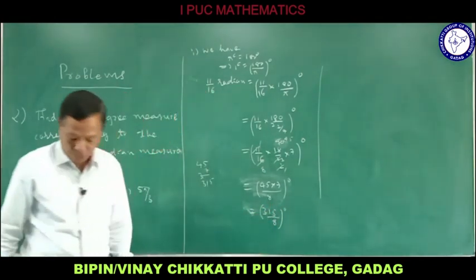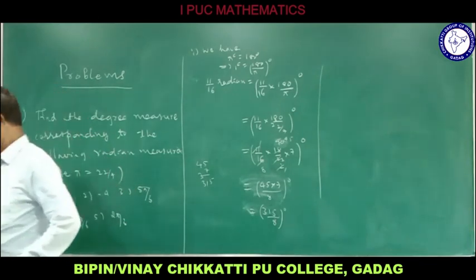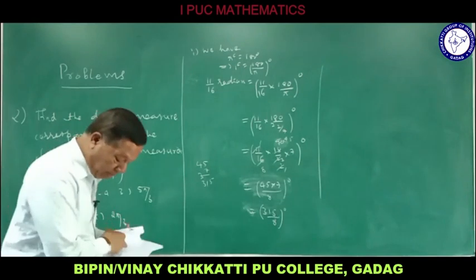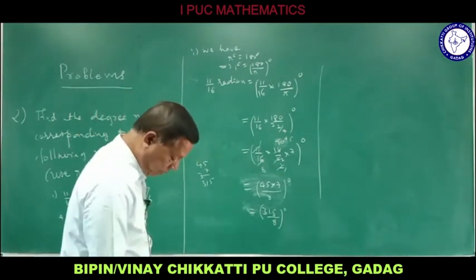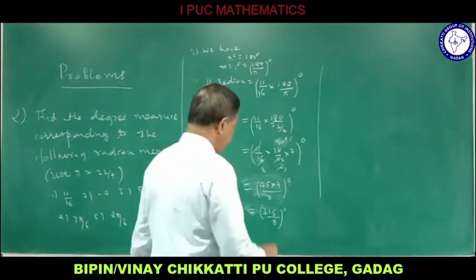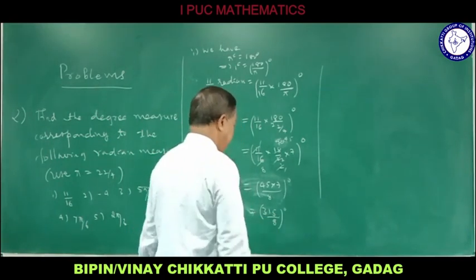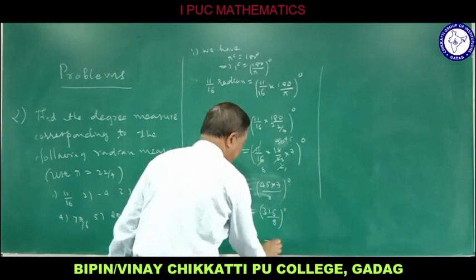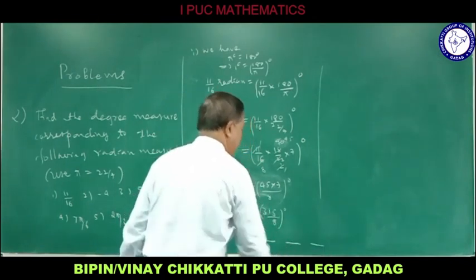I hope you understood how we got 315 divided by 8. But how to simplify this? Because this is not the final answer. For the final answer you have to divide 315 by 8. I want to explain that here: how many degrees, how many minutes, how many seconds we will see in this answer.